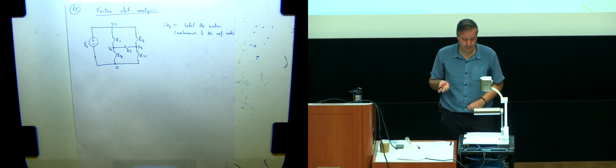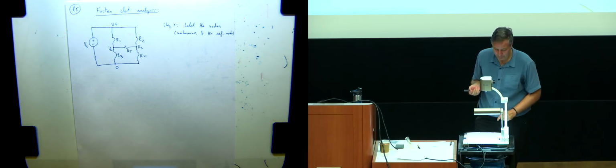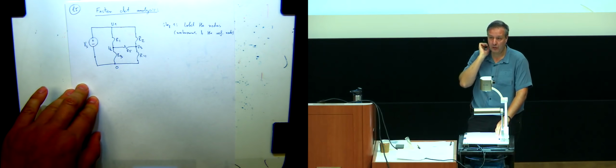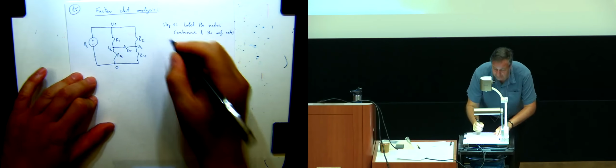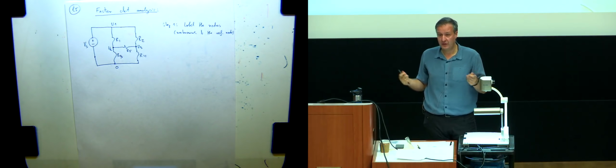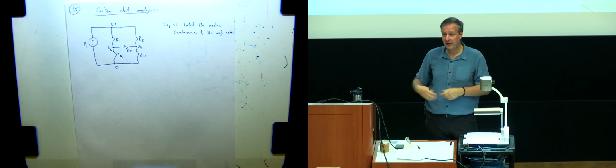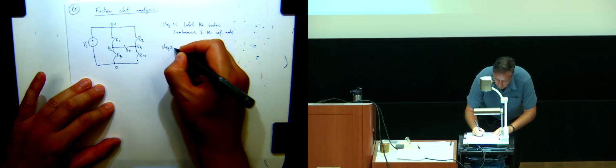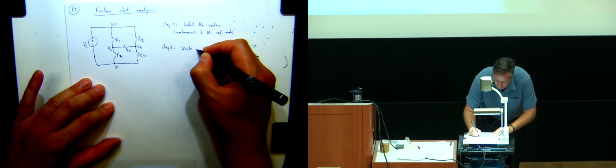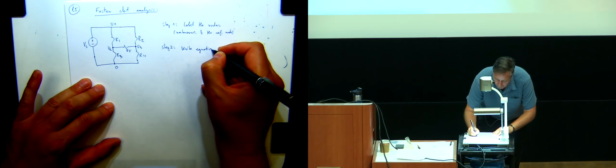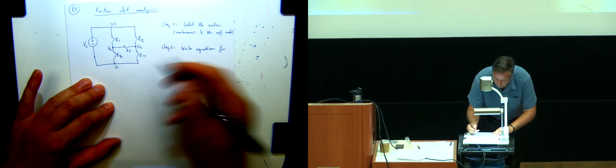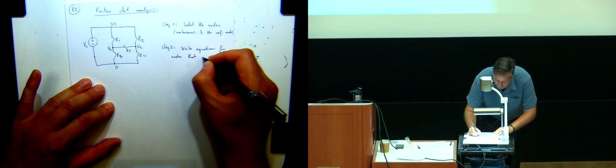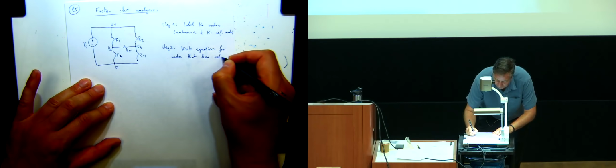So the second step is, if there are nodes where a voltage source is directly between the two nodes, I can immediately write that out. So step 2: write equations for nodes that have voltage sources between them.